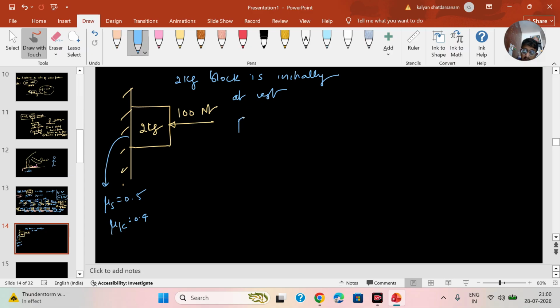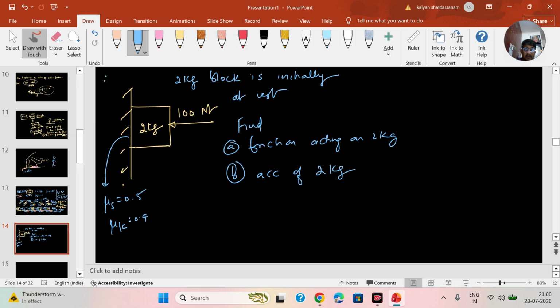Question is, find A, friction acting on the 2 kg block, and part B, acceleration of the 2 kg block. This is one homework question.